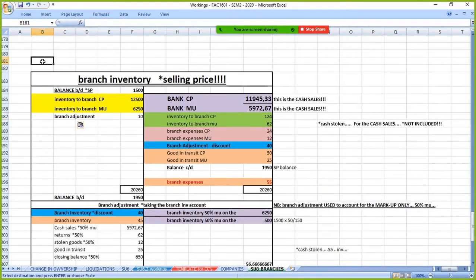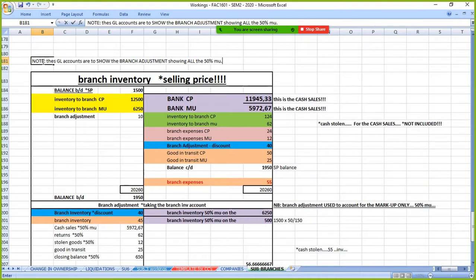Okay, so just a little note here. These general ledger accounts are to show the branch adjustments, showing all the 50% markup. That's why I did this again.